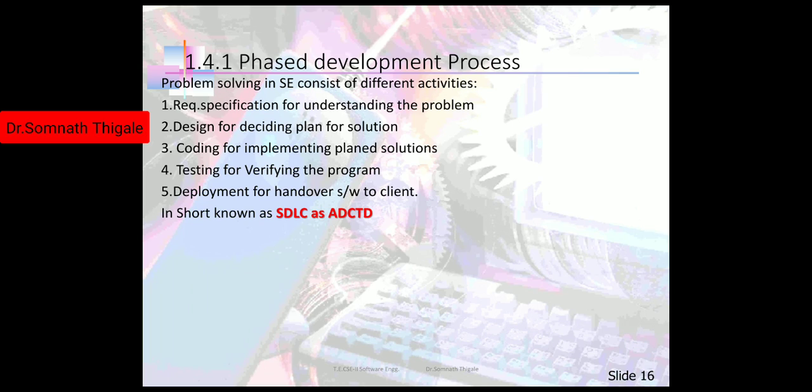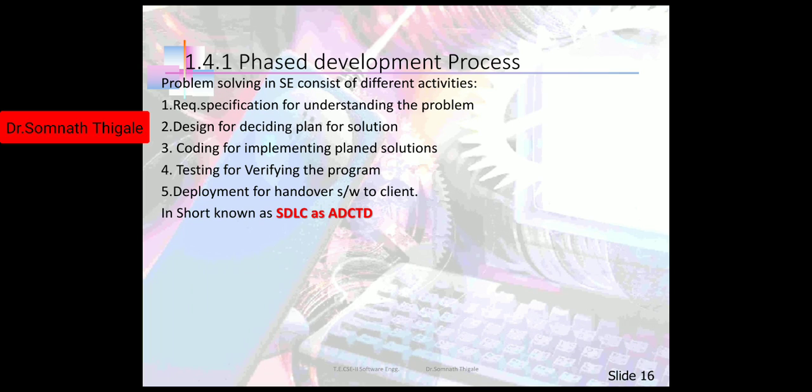First, remember, analysis. Second is designing. Third is coding. Fourth is testing, and fifth is deployment. So this software engineering process implements the phased development process which covers 5 different phases, and by implementing them we develop the software.